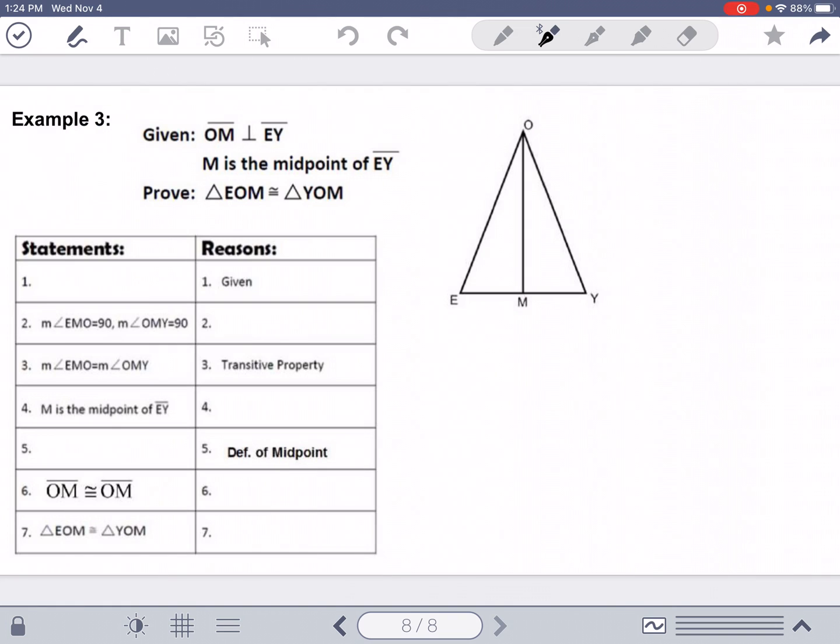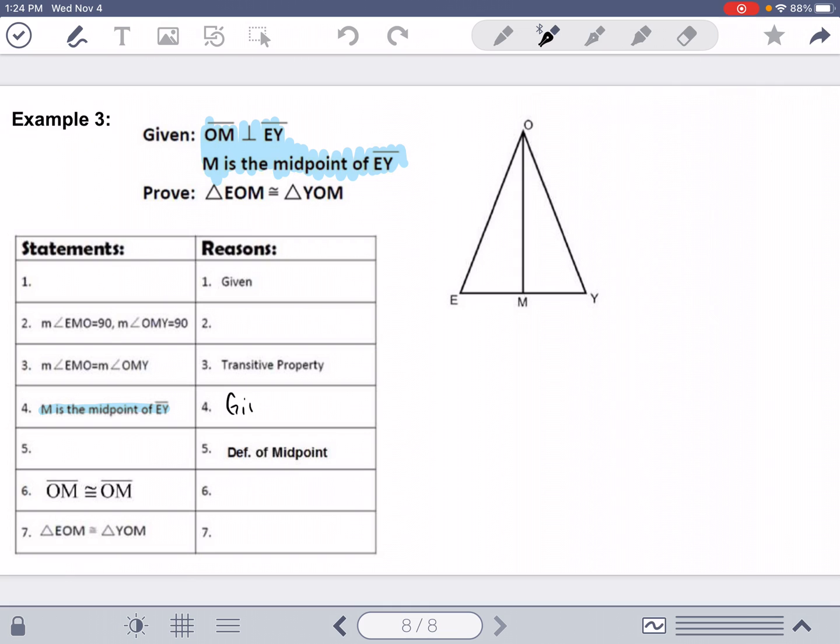And last example, I'm starting off with a statement and it's given. So what am I given? Let's see, I'm given these 2 things. So where are those 2 things? Now, if I look here, number 4, that's one of my givens.